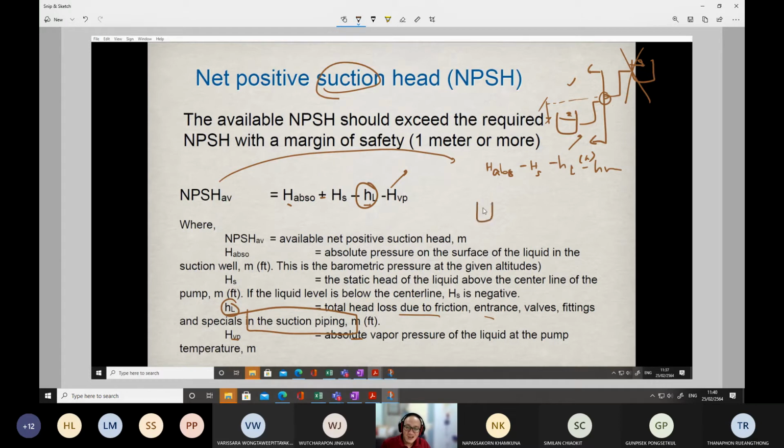But if we install the pumps like this, with the discharge reservoir here, the center line of the pump is below the water level in the suction reservoir.